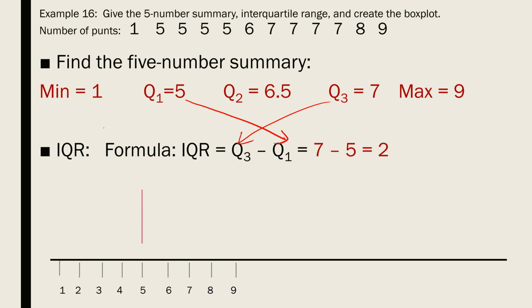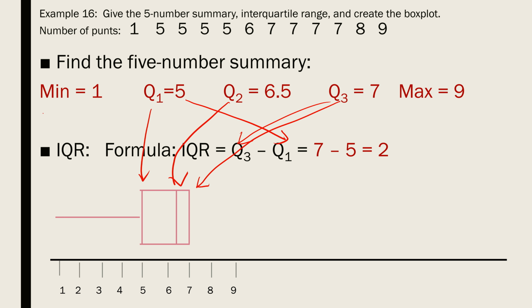So this pink line is drawn based on the first quantile. The second line is drawn by the second quantile, or the median. The next line is drawn by using the third quantile. Then we make it a box.